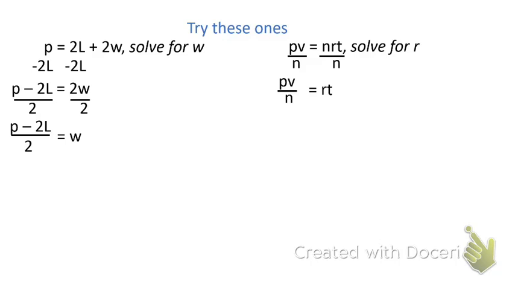Instead of multiplying by t, we'll divide by t. Now I'm already dividing by n on the other side, which means now I'm dividing by both n and t. This leaves me pv over nt equals, and on the right-hand side, now just r. I've got my variable by itself. r equals pv divided by nt.